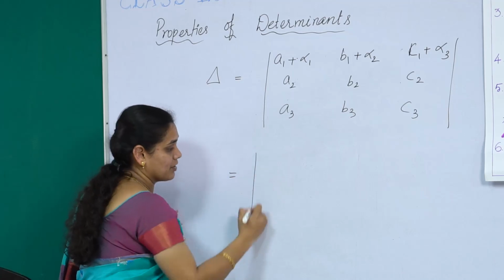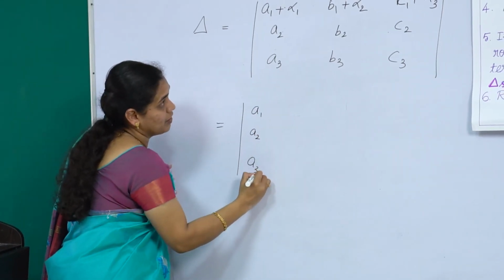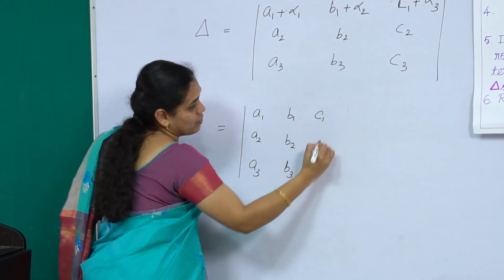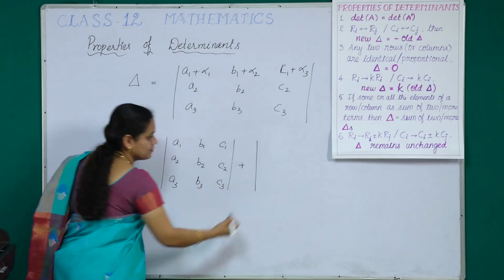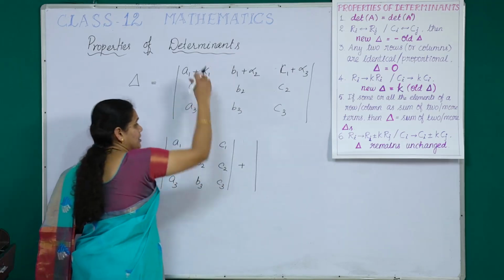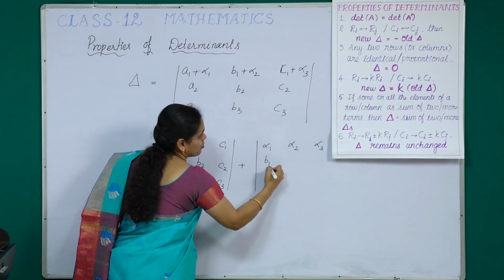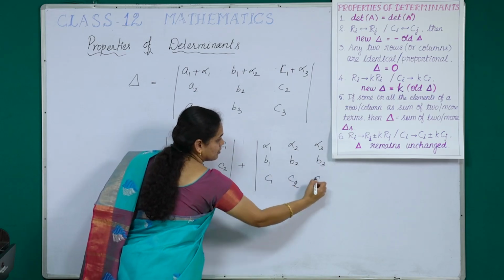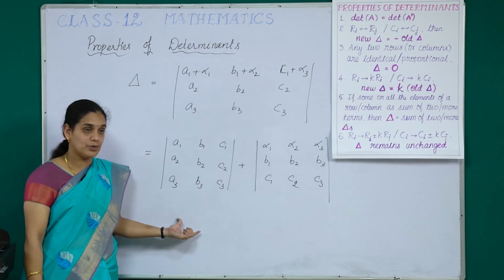See, we can write like this: a1, a2, a3, b1, b2, b3 and c1, c2, c3 plus, then now we take alpha 1, alpha 2, alpha 3, b1, b2, b3, c1, c2, c3. See, now it is easy for us to expand.